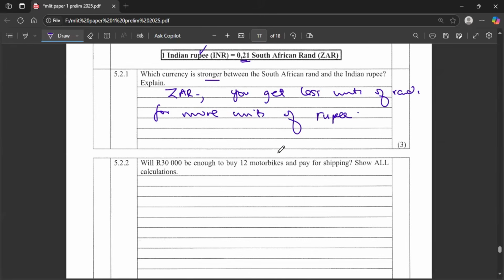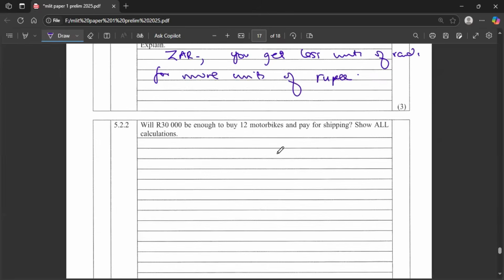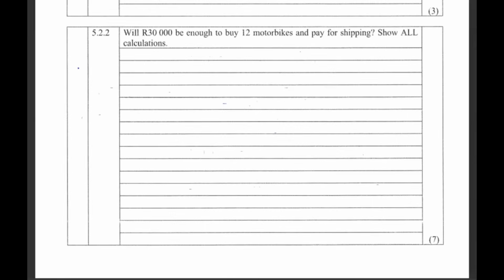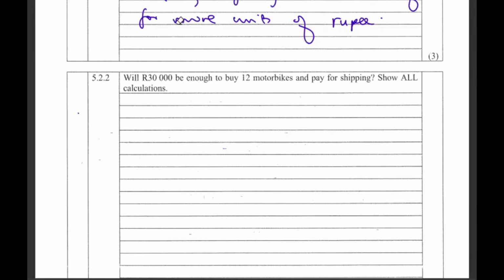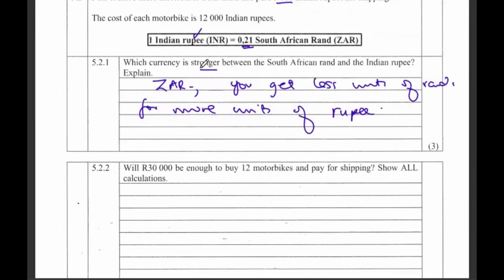Then will 30,000 be enough to buy 12 motorbikes and pay for shipping? We must show all the calculations. So with 5.2.2, will 30,000 be enough to buy the 12 motorbikes? One motorbike is 12,000, which is 12 times 12,000, which is 144,000.